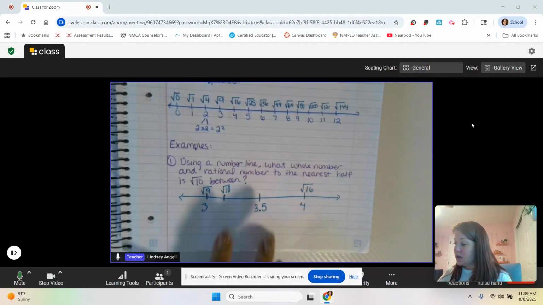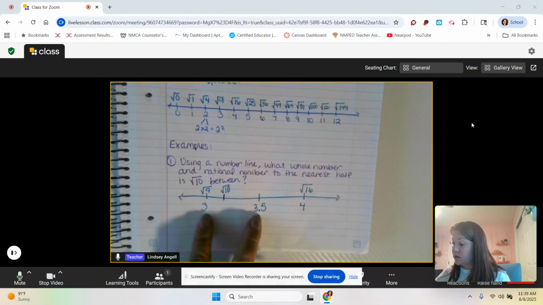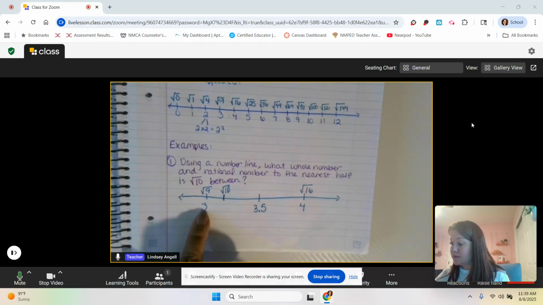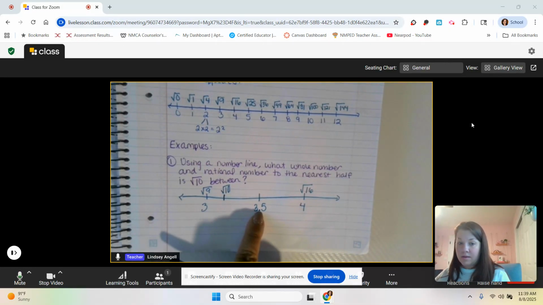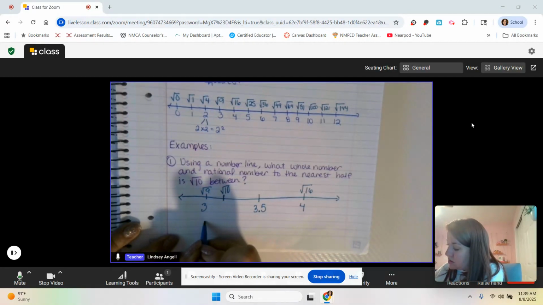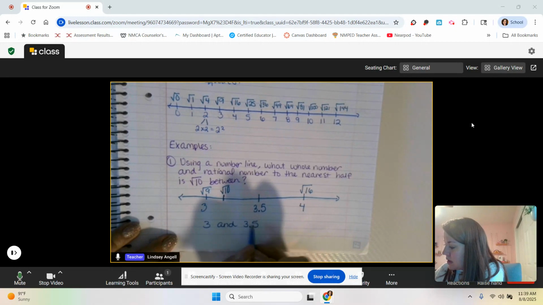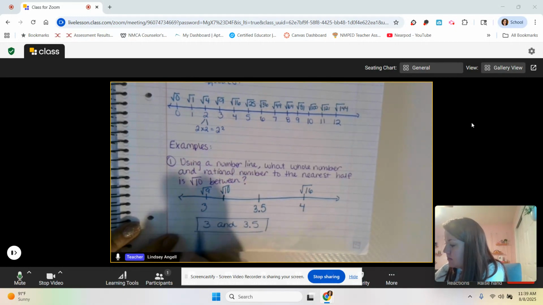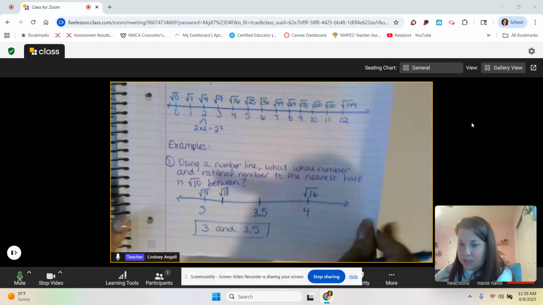So those are our answers. The square root of 10 is right in between 3 and 3.5. Hopefully that helps, seeing it done.